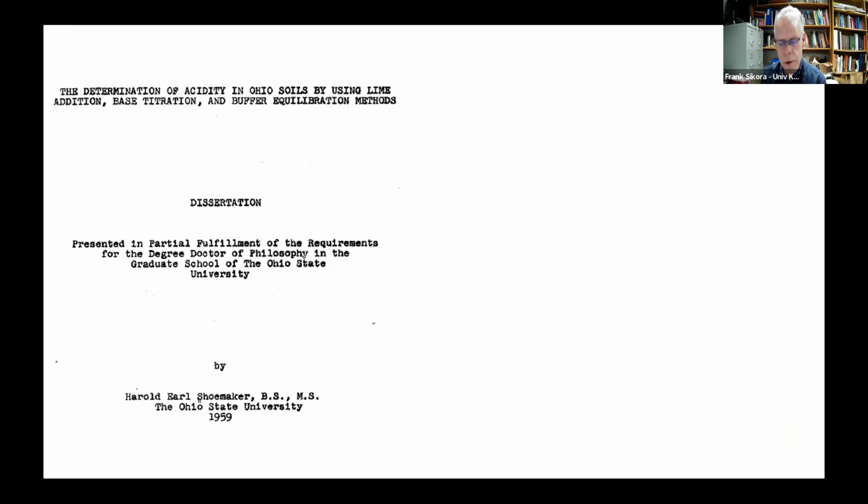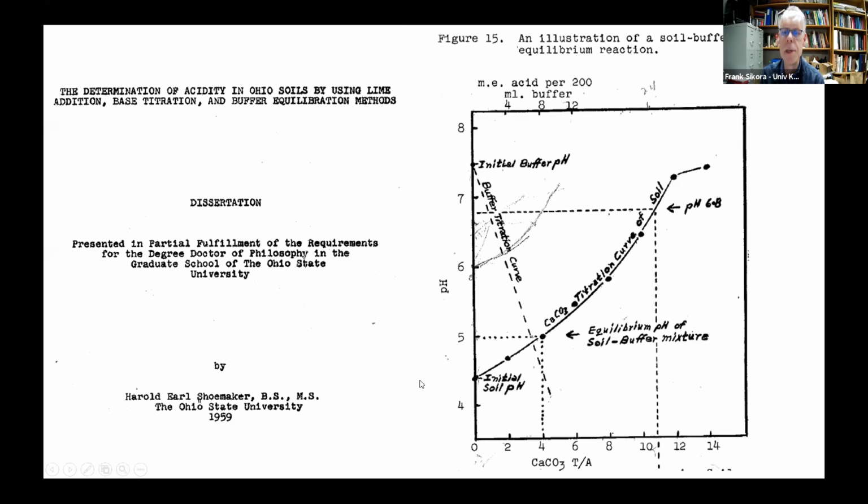Well, when I first started trying to understand buffers and study the topic, one graph that I thought was really important to understand it was found in Shoemaker's dissertation. And Shoemaker is the S in SMP buffer. You don't find this graph very much in literature, but I found it in his thesis. And it's just this complicated graph here.